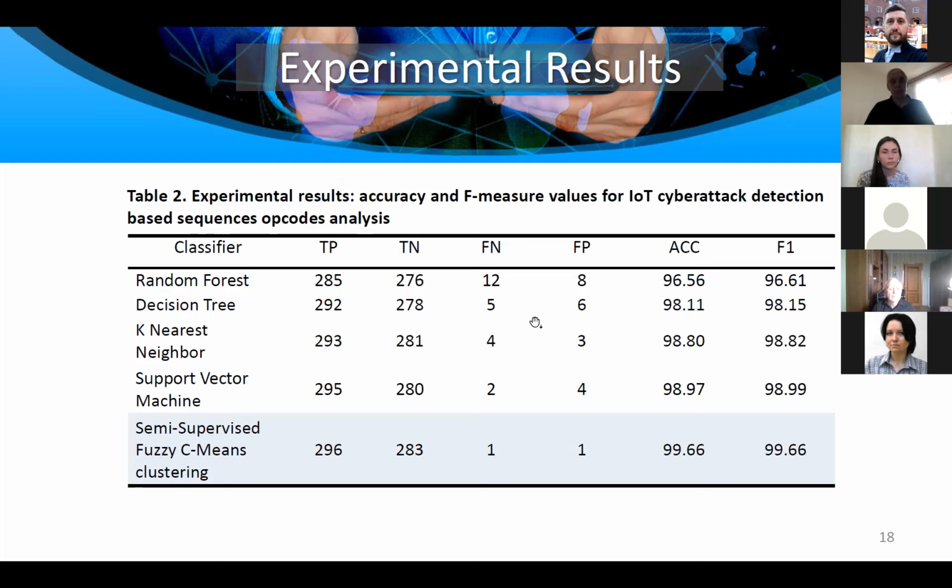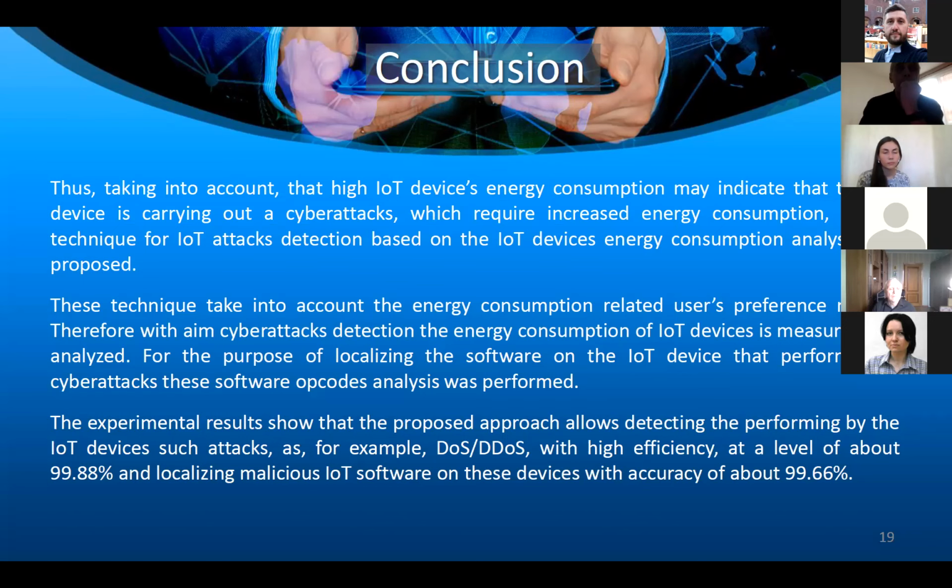Thus, taking into account that high energy consumption may indicate that the IoT device is carrying out cyber attacks, which require increased energy consumption, a new technique for IoT attack detection based on the IoT device's energy consumption analysis was proposed. This technique takes into account the energy consumption related to users' preference models. Therefore, for cyber attack detection, the energy consumption of IoT devices is matched and analyzed.